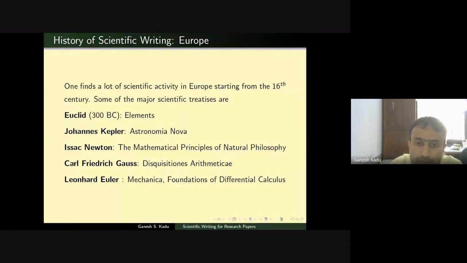So it is actually a good exercise to download this. You will easily find it on the internet. Download some of these books and see how these mathematicians and scientists wrote. Look, for instance, at Newton's book on the mathematical principles of natural philosophy.